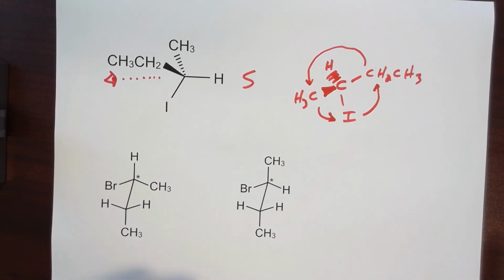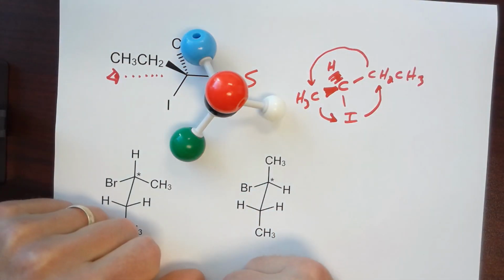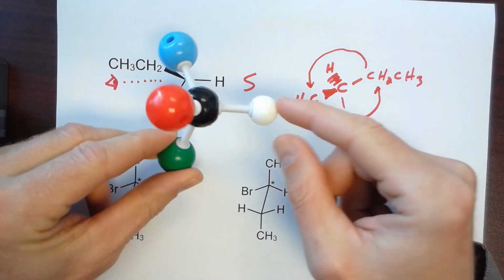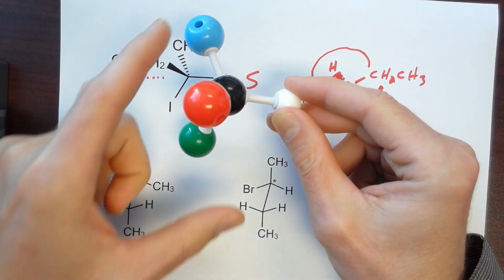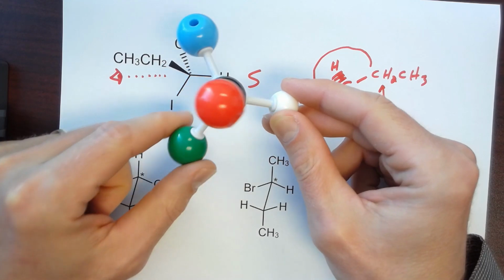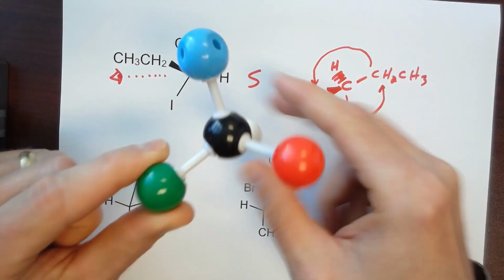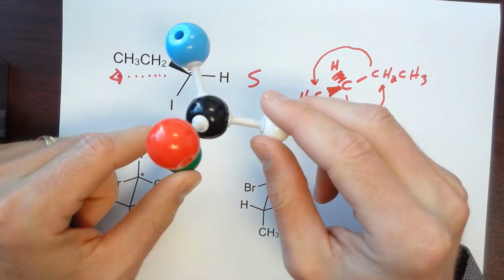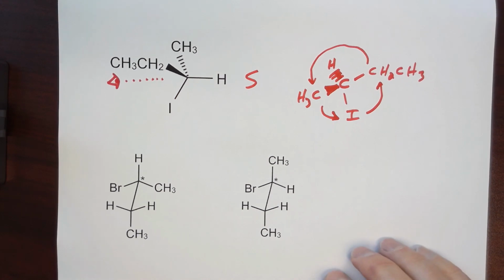The other thing that you can do is assign groups to these. So for example, I can say, okay, this is my hydrogen group, this is my iodine group, this is my ethyl group, and that's my methyl group. And then I can turn this, and I can see that I get counterclockwise rotation. So you can tackle these problems with a couple of different methods.